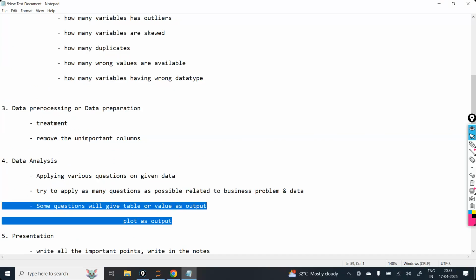In the initial classes, you have written the data analytics with Python steps. Could you open that? On the back page, I asked you to write. I have shown you one PPT also, and from that PPT you have written the steps. Could you open that and go to the page with the fourth point?